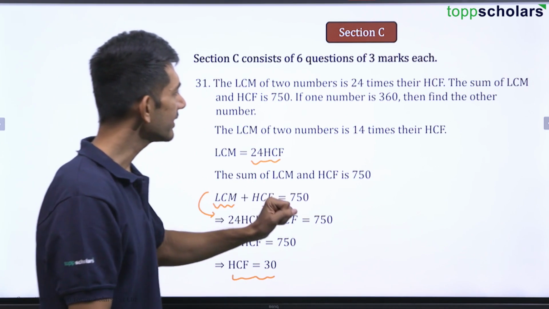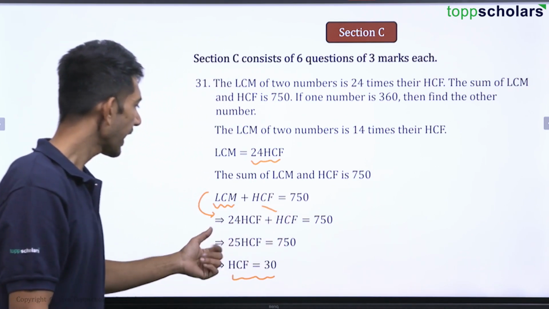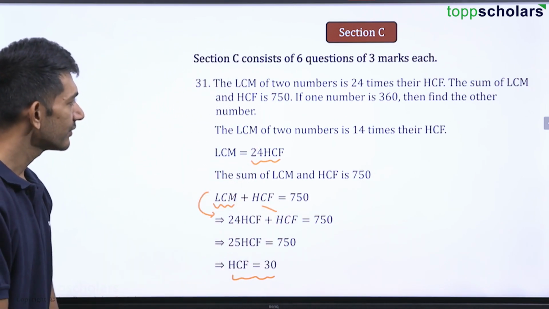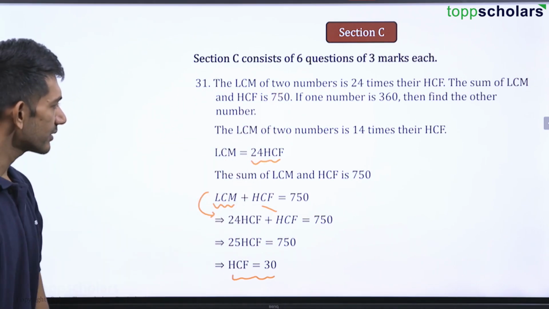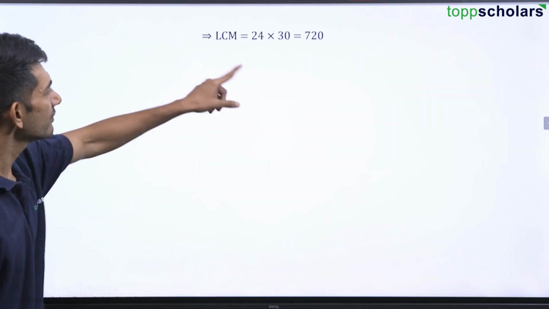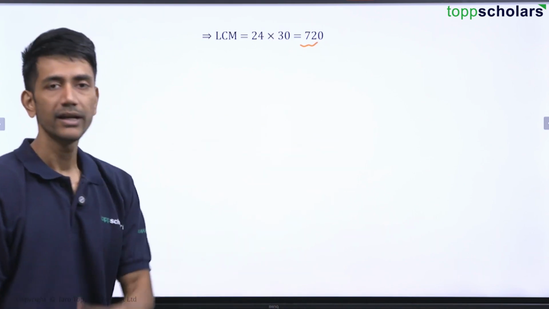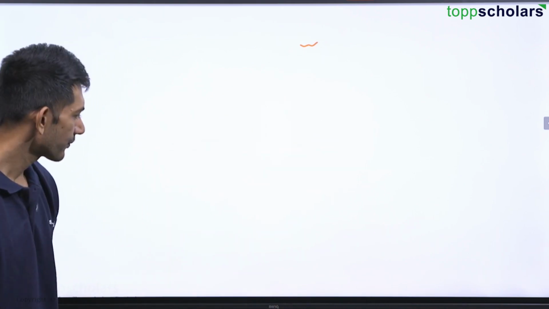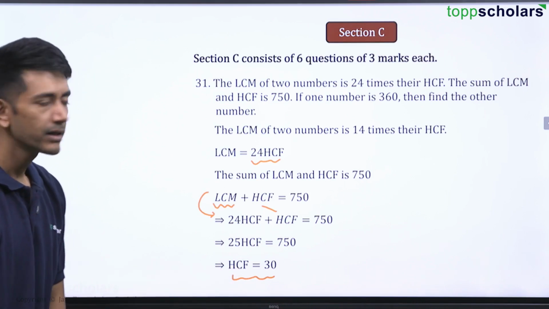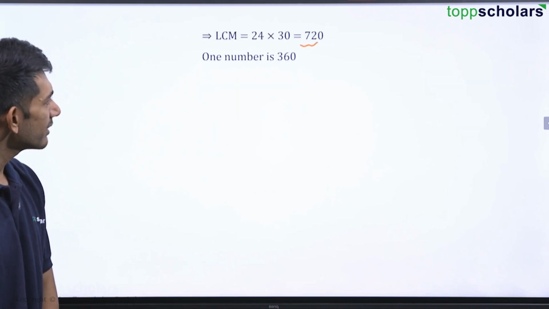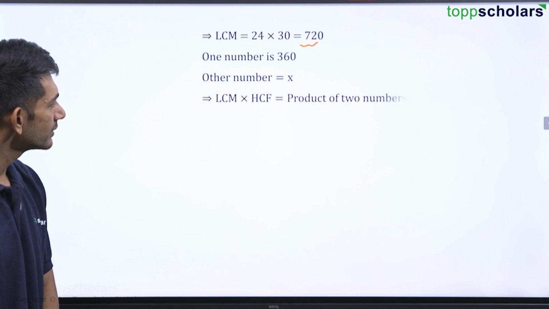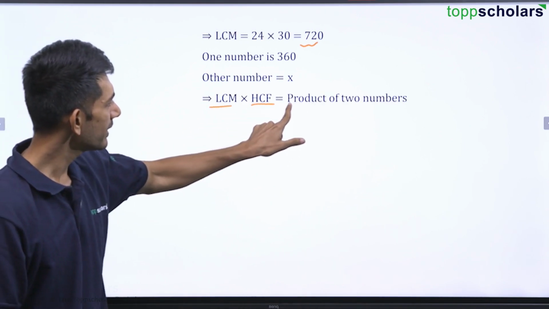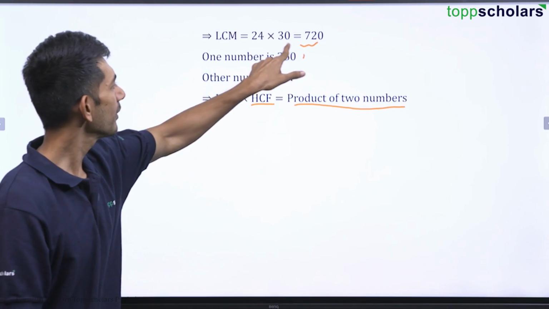Now I have the HCF as 30. I have the LCM as 24 times HCF. And one number is 360. So can I find out the LCM first? LCM is 720. LCM 720, HCF 30. We know that LCM multiplied by HCF is product of two numbers. One number is 360.